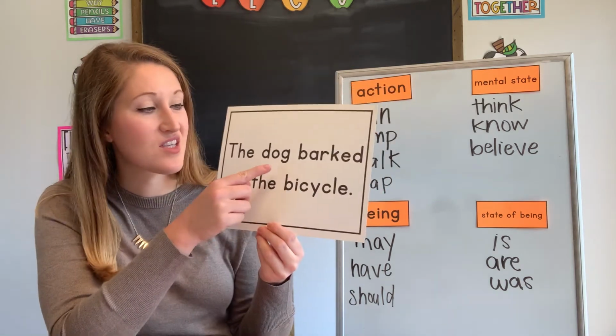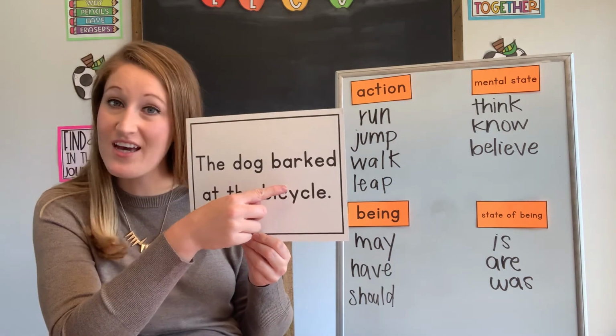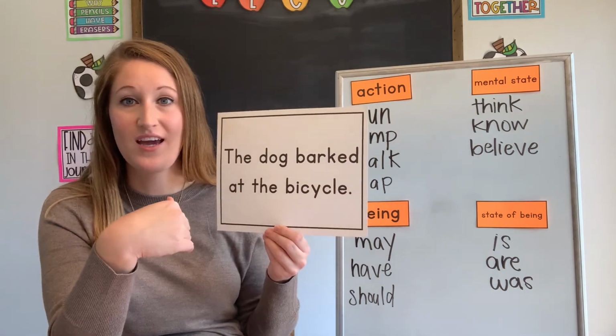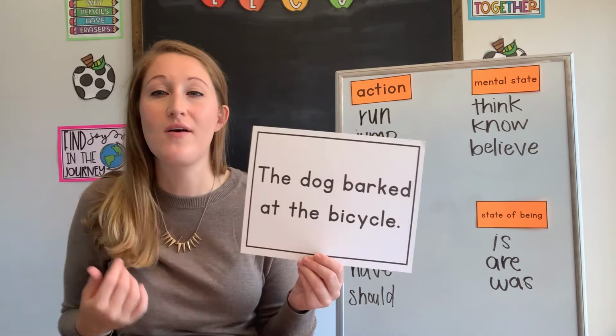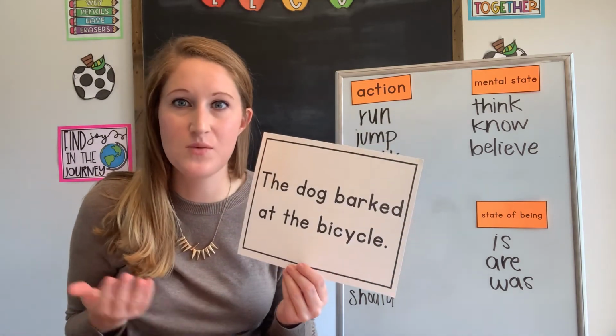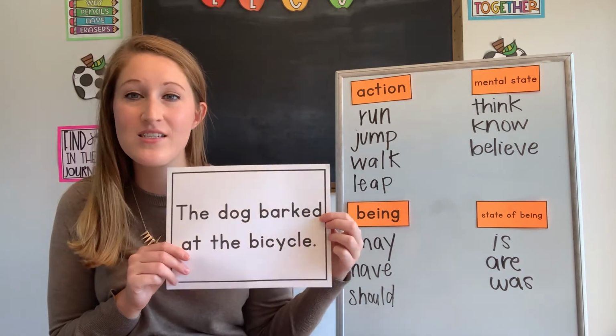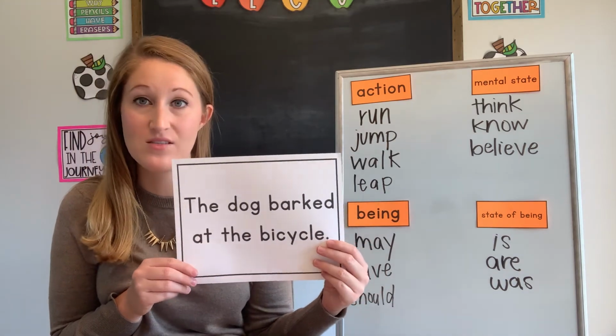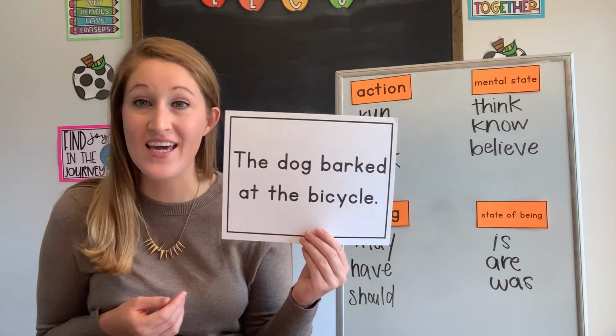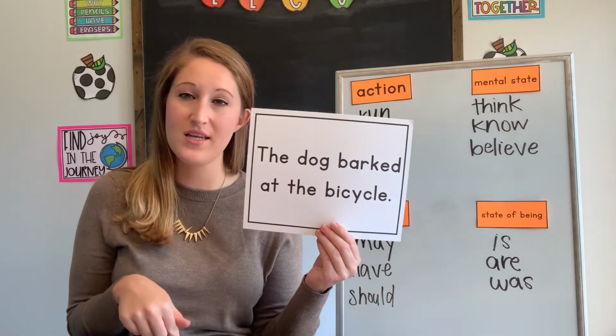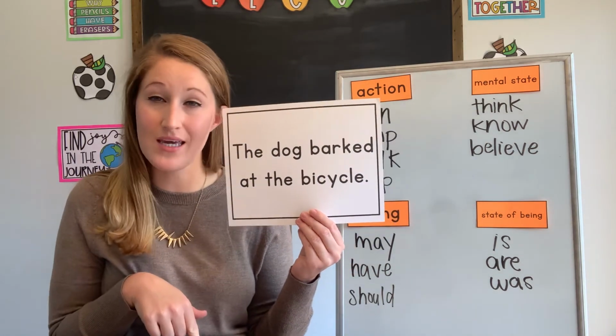No. Can he bark? Yes. So we have to take a look at that. Now, when we talk about verbs, we can talk about past tense, present tense, and future tense, right? Barked with an ED at the end means it happened in the past. Barking means that it's happening right now. He is barking.